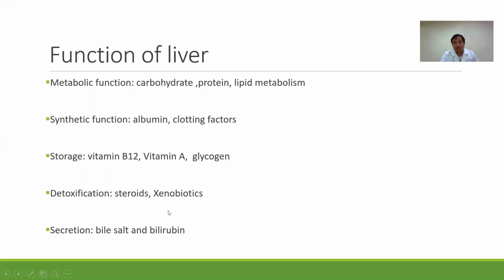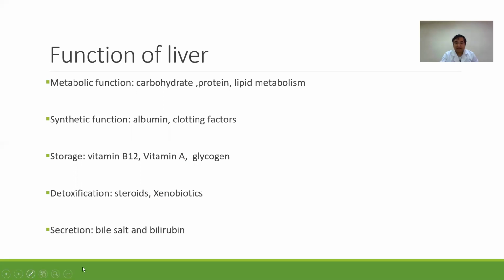Similarly, important functions of the liver are the metabolism of steroids and xenobiotics. We take so many toxins and so many medicines, and most of the medicines are metabolized in the liver. So if someone has a liver problem, they will have difficulty in metabolizing the drug, as a result of which they will have side effects of the drug.